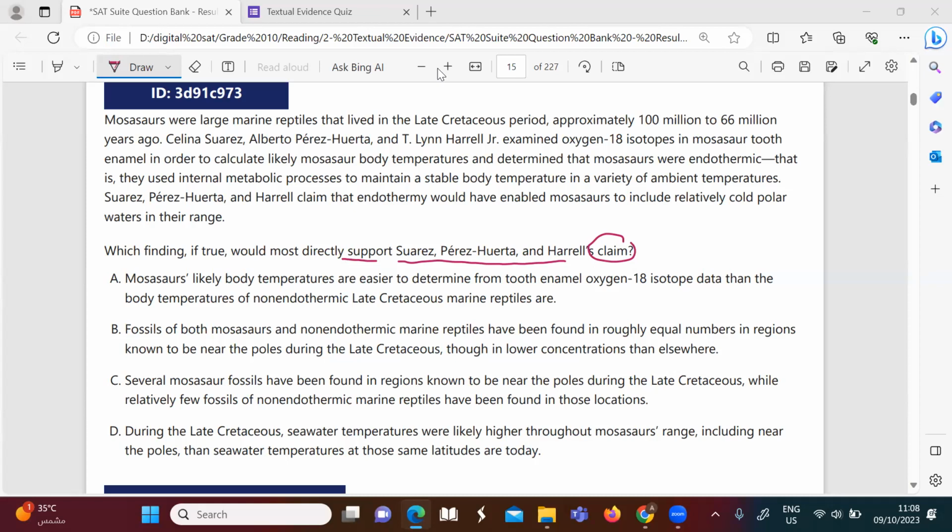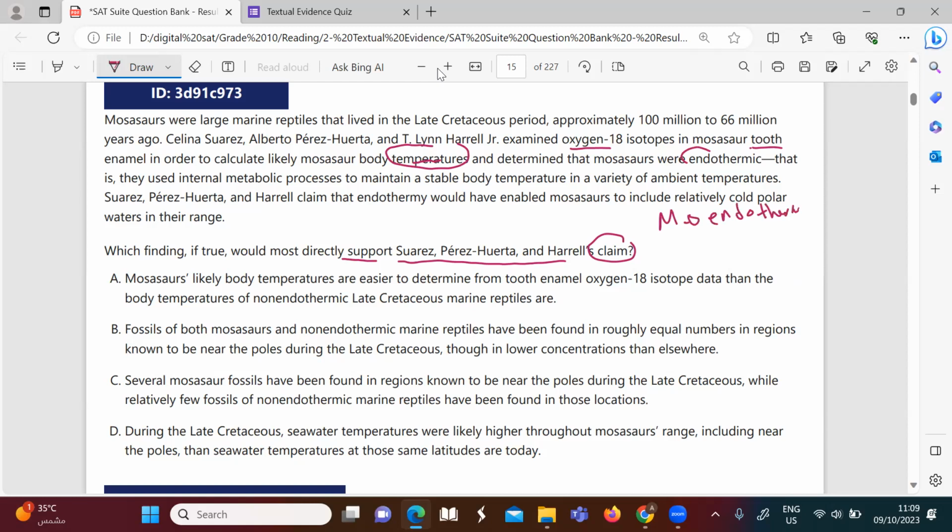Mosasaurs were large reptiles that lived in the late period. Those researchers examined oxygen in the tooth in order to calculate likely temperatures. So they wanted to calculate temperatures and determined that they were endothermic.